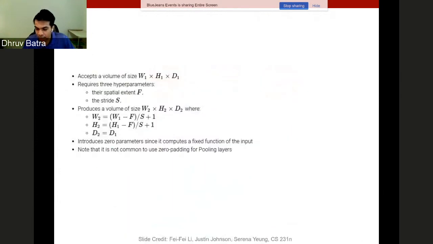Okay, so that's where we are with pooling layers. Pooling layers are kind of like convolution layers in their API. They also accept volumes. We define a spatial extent and a stride just like we would for convolution layers, and you go through the same sort of calculations for the stride and the input-output sizes.